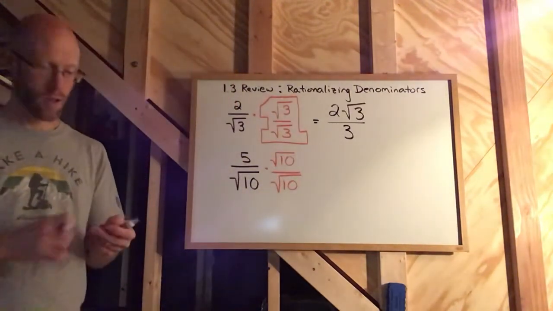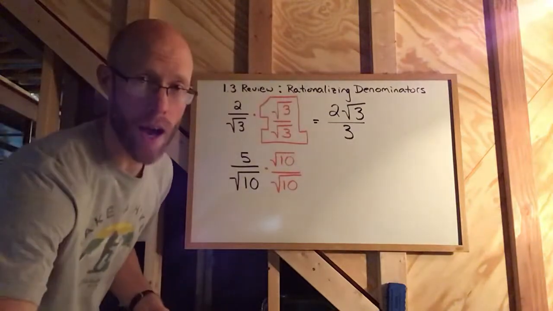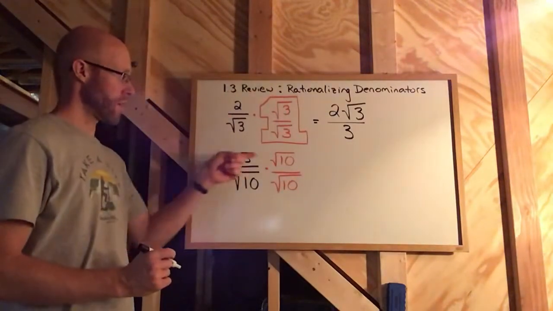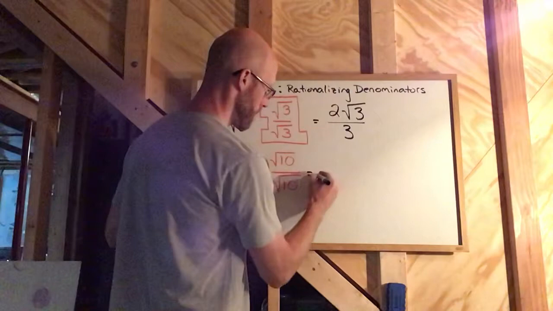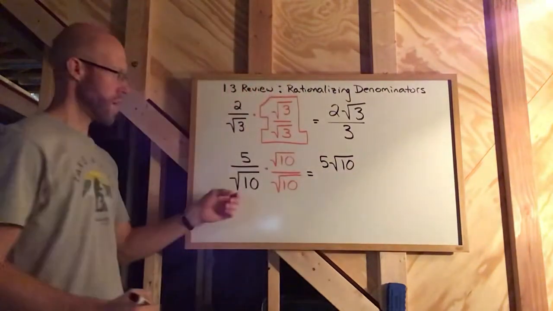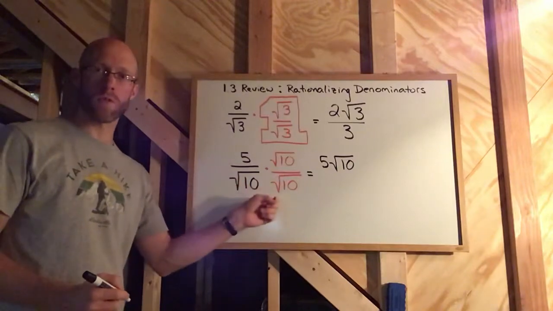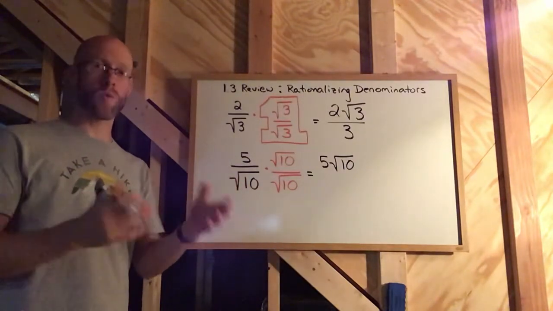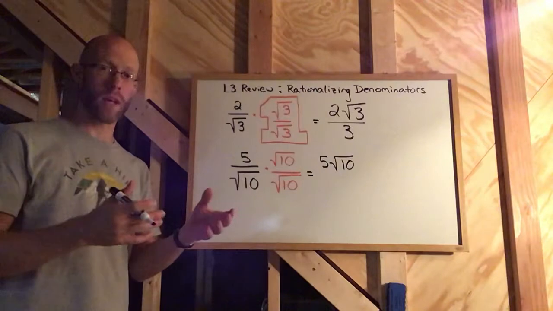So on the top, I get 5 times the square root of 10. And on the bottom, square root of 10 times square root of 10 is the square root of 10 squared. The square and the square root cancel out, so I just have 10.